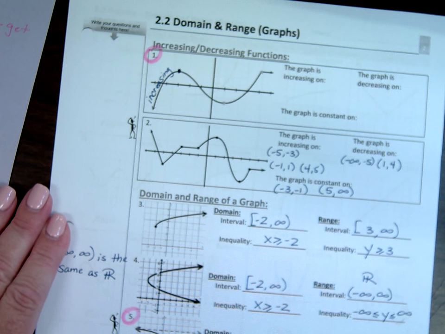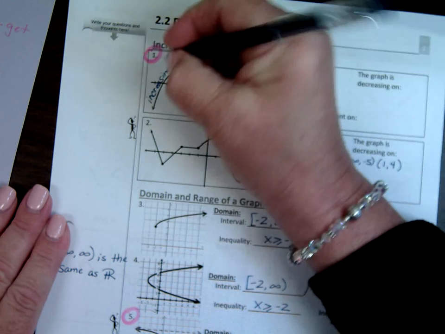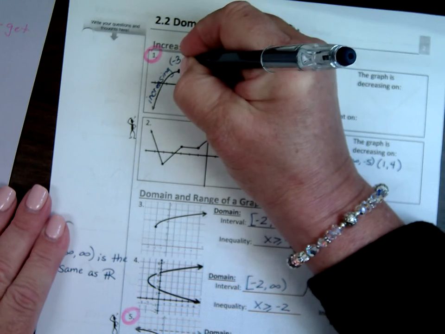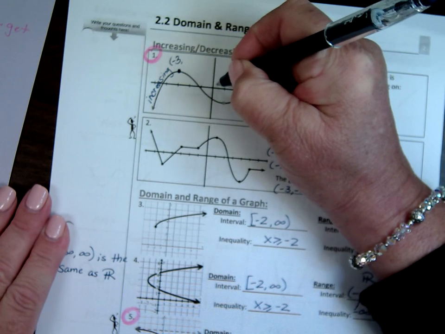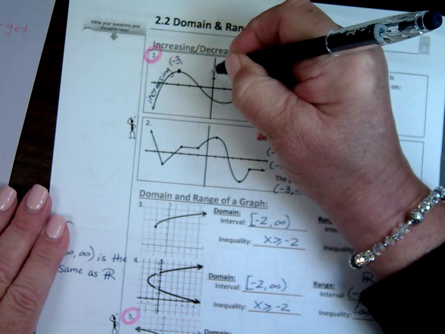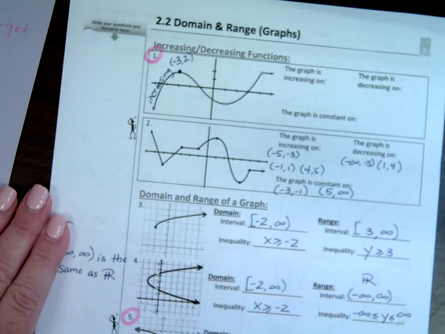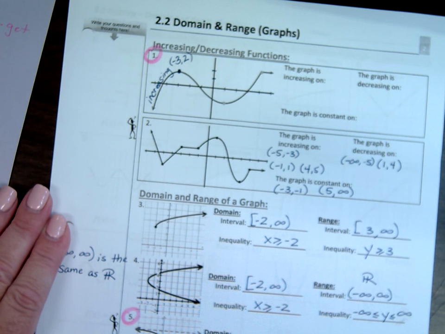So I'm going to give it a coordinate. I'm going to check it out. He's at -1, -2, -3. Would we say maybe that's at 2 if we were estimating? All right, so it's increasing until this point.